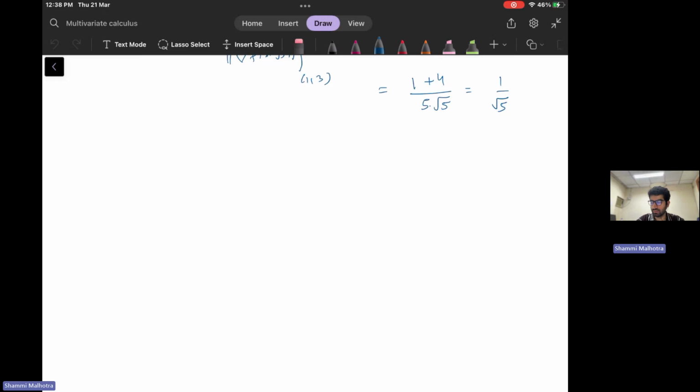So the question arises: what will we do when the test fails? We have to check it manually. So let's have one question where the second derivative test will fail, but we will be able to check the maxima or minima manually.